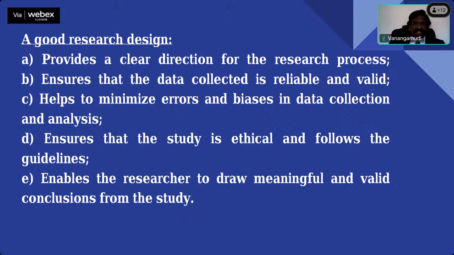The concept says minimization of error and minimization of bias. So in data collection and data analysis, the opportunity of bias, or the inevitable factor of bias, is to be minimized. Then the fourth aspect is that it ensures that the study is ethical and follows the guidelines. Ethical and following the guidelines refers to being sincere to the topic.